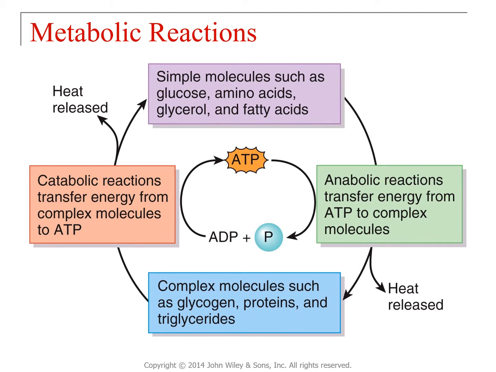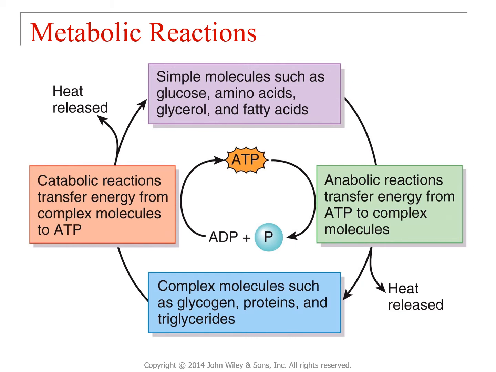This requires a transfer of energy from ATP to form the bonds within these molecules. This results in complex macromolecules such as glycogen from glucose, proteins from the amino acids, and triglycerides from the glycerol and fatty acids, which essentially are the storage forms and the functional forms of these molecules.